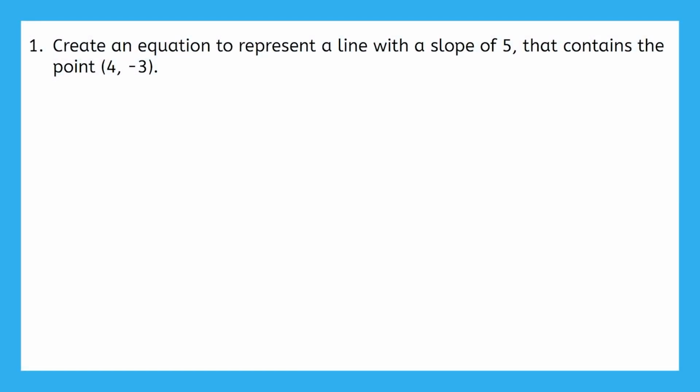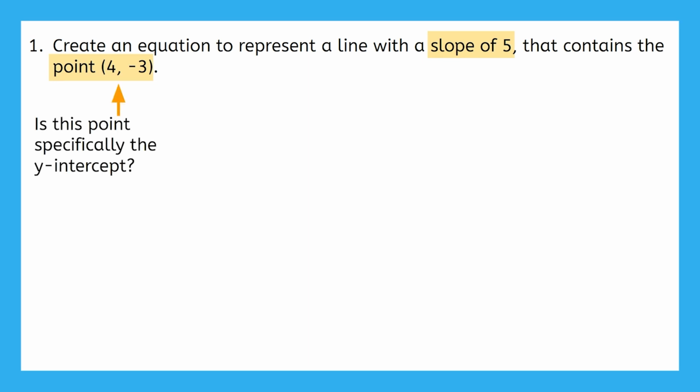This example says, create an equation to represent a line with a slope of 5 that contains the point (4, -3). So we know the slope, but is this point the y-intercept or just any other point on the line? This point is not the y-intercept. It's just another point.